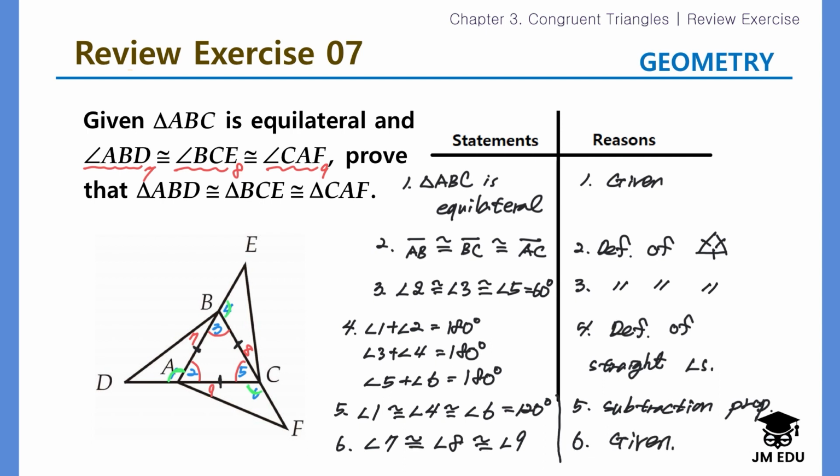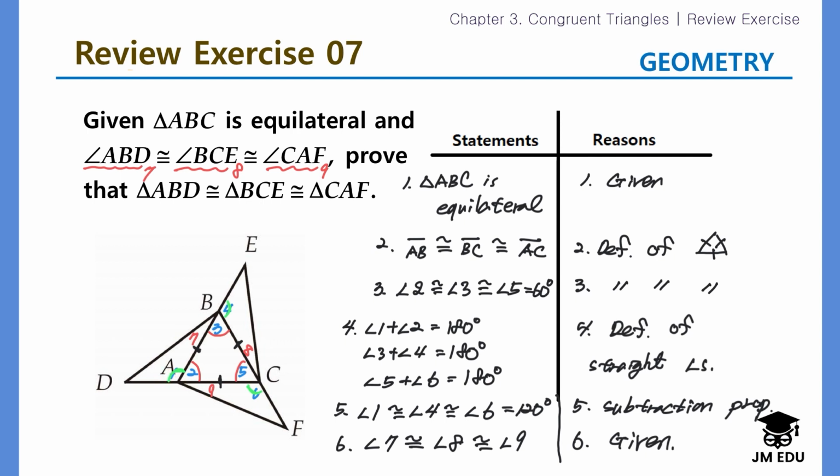So finally, look at this triangle. We have angle, side, angle, right? This red angle, side, this green angle. Okay. Angle, side, angle, angle, side, angle, right? So these 3 small triangles are congruent by angle, side, angle, right?